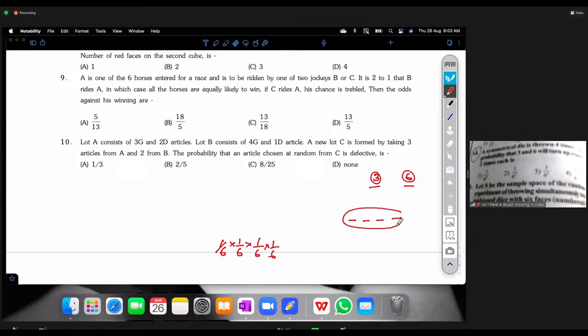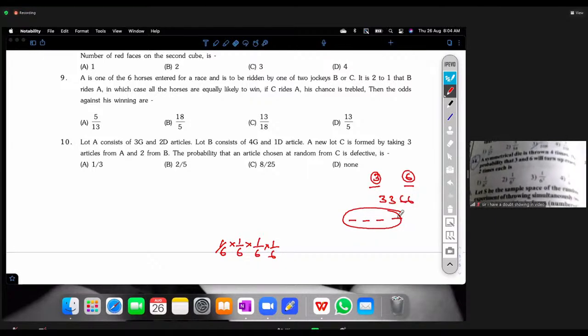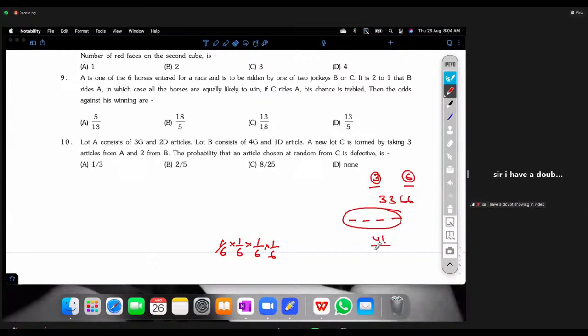But how many ways can 2 3s and 2 6s come? 3, 3, 6, 6 can be arranged in 4 factorial by 2 factorial into 2 factorial ways, which is 24 by 4, equal to 6. So the 6 cancels, and 1 by 6 cube will come as the answer.